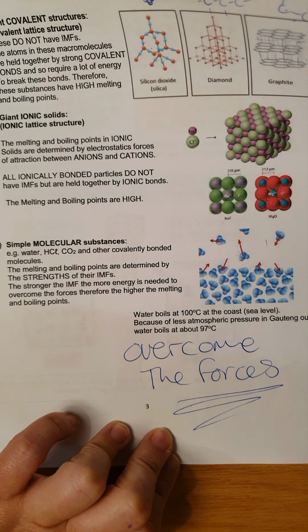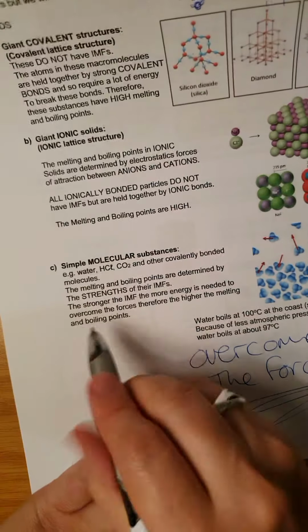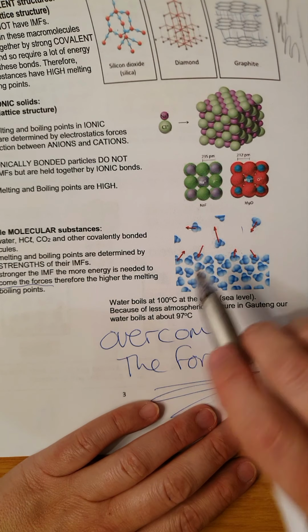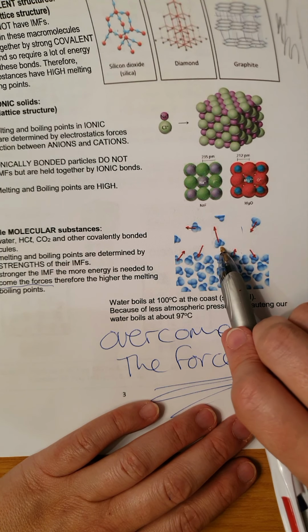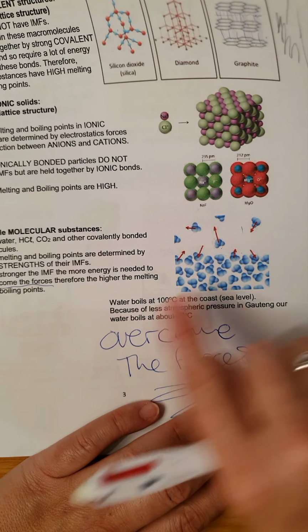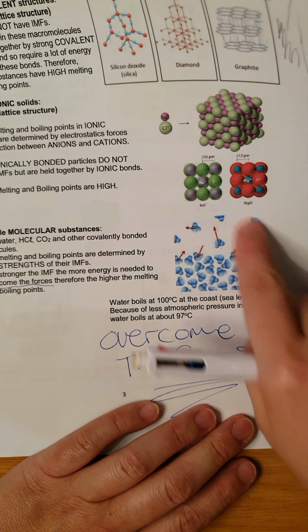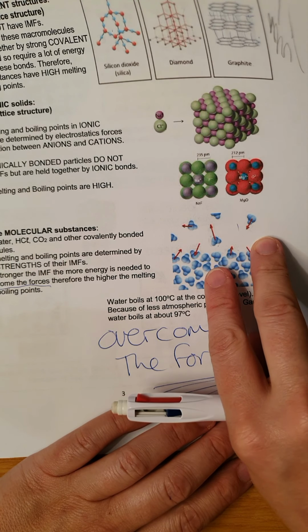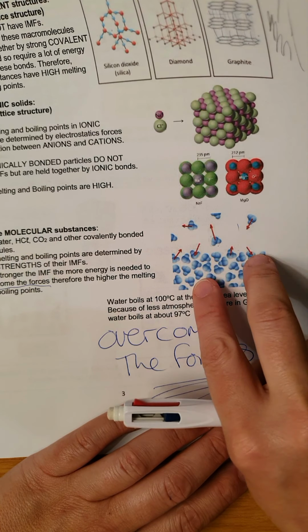So the stronger the intermolecular force, the more energy is needed to overcome the forces, and therefore the higher the melting point or boiling point. Please remember, you've got to learn your different strengths of intermolecular forces, and you've got to learn, if you've got two substances that both have the same intermolecular force, how do you distinguish them?